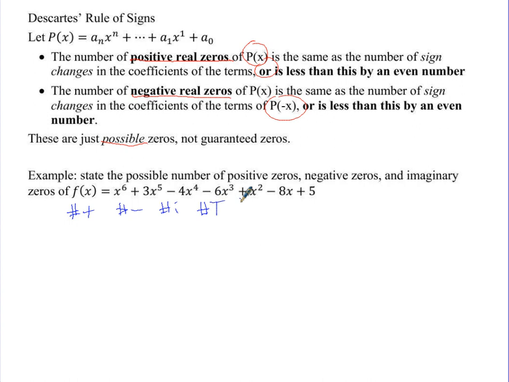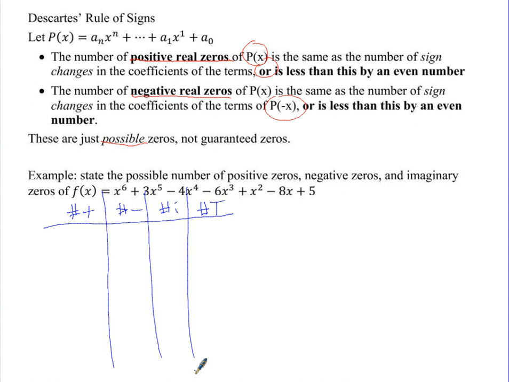If I add up the number of positive zeros, the number of negative zeros, and the number of imaginary zeros, I should get the total number of zeros that I'm supposed to have for this polynomial, which is, in this case, 6. There's your table. We know we're supposed to have 6 total zeros. I'm going to put a 6 there.